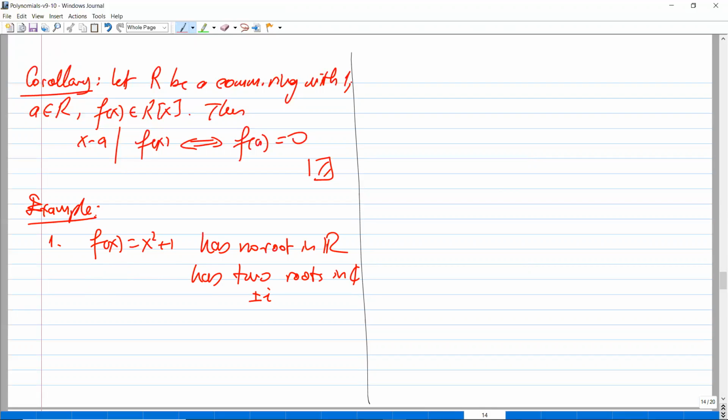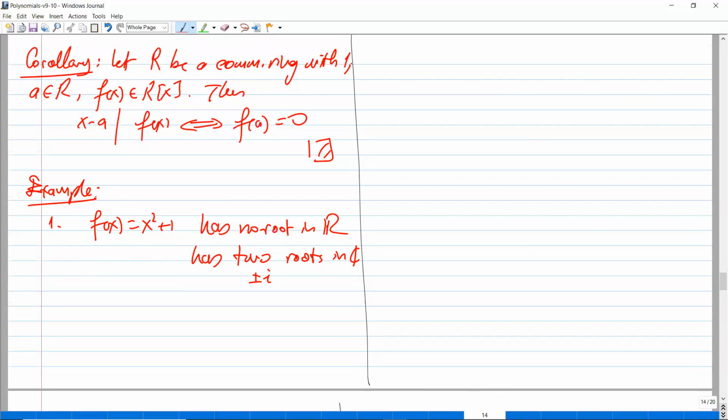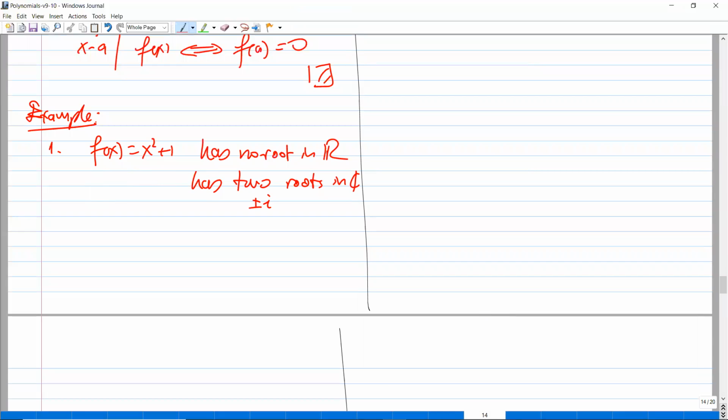So as we know, any polynomial over the complex numbers or real numbers has at most n roots.